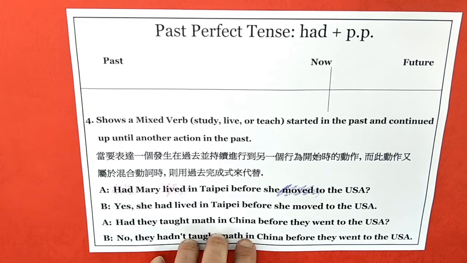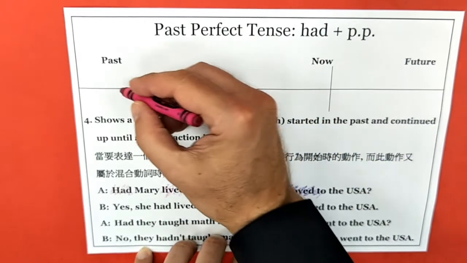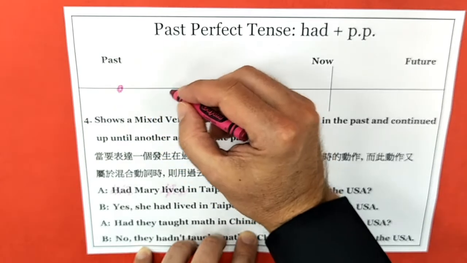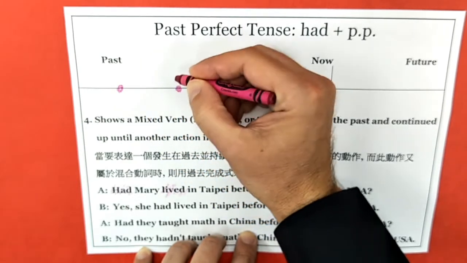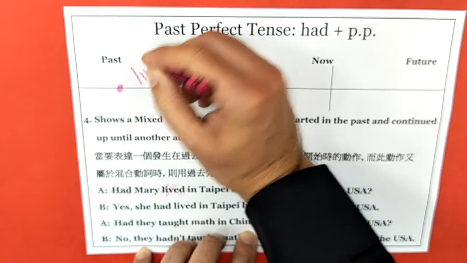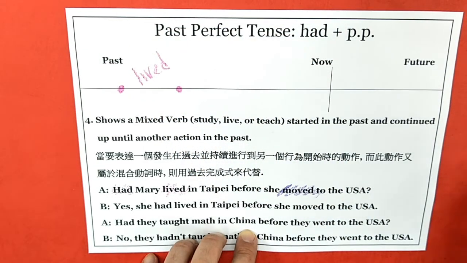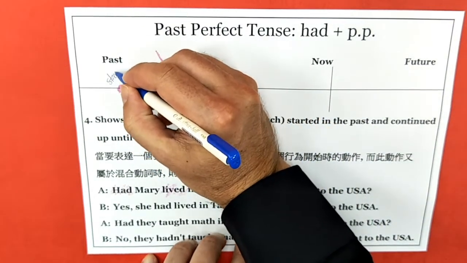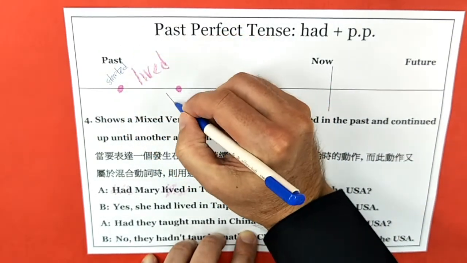All right, so again, here we have Mary. Here she started living in Taipei, and here she left Taipei. So here she lived in Taipei, right? She lived in Taipei. Remember, she started living here. She started living here. Here she left.